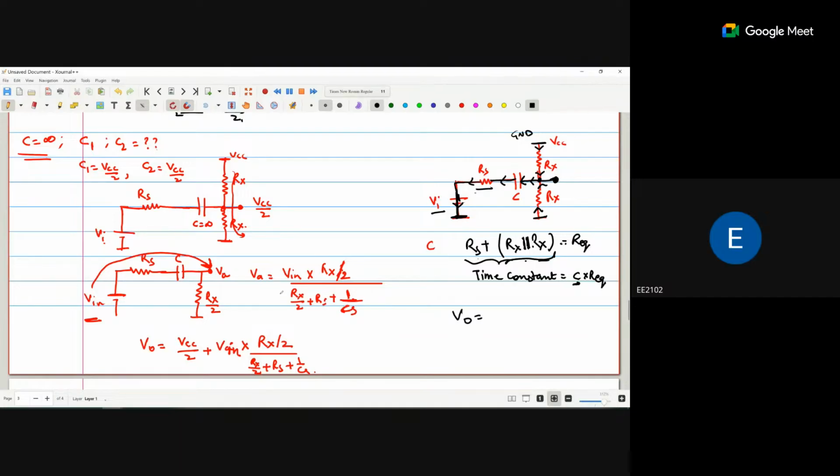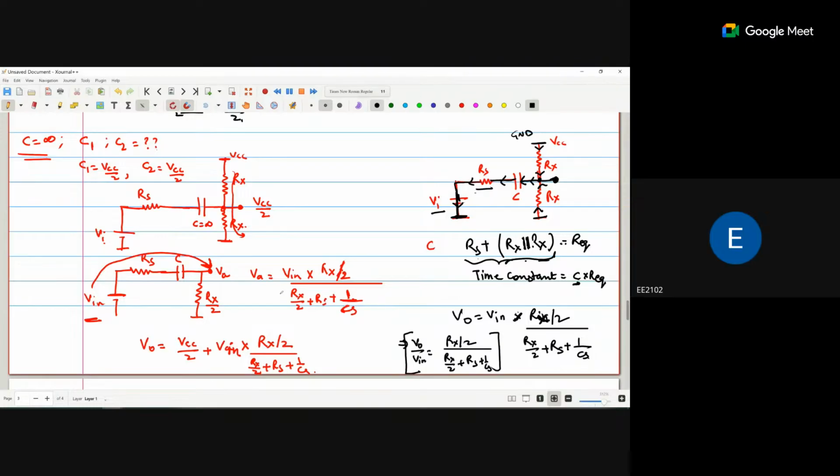So V naught is equal to Vi times Rx by 2 upon Rx by 2 plus Rs plus 1 by Cs. So the relation between V out and V in, V out by V in is equal to Rx by 2 upon Rx by 2 plus Rs plus 1 by Cs. So this is the one relation.